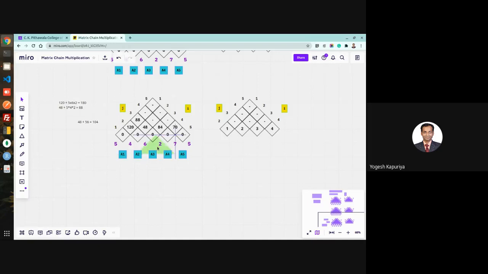Another option is this one. You have already the result of A3, A4, that is 84, plus you multiply that with A2, that is 4 cross 6. So that means now you have 4 cross 6 multiplied by 6 cross 7.